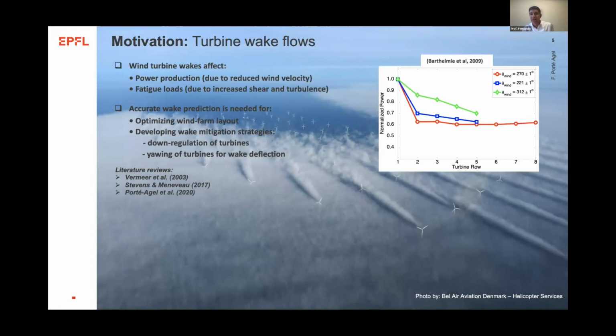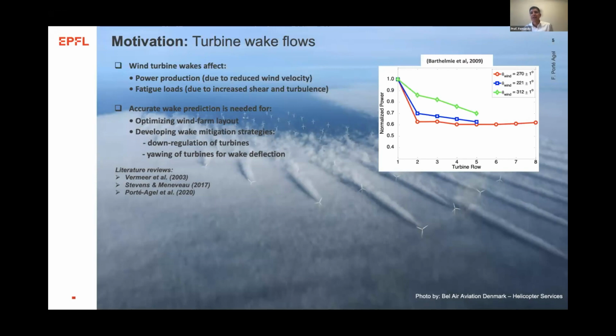To give you an idea, in this wind farm, which has been studied quite a lot, you can see that in some wind directions, in the worst case scenario, most of the wind turbines produce only about 60% of what the first row of turbines produces. So the losses can be quite substantial.